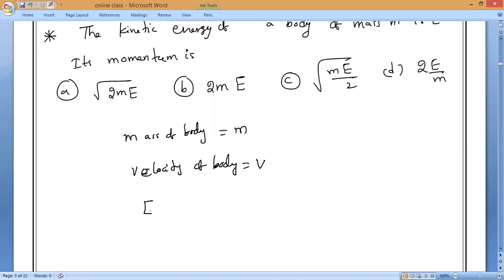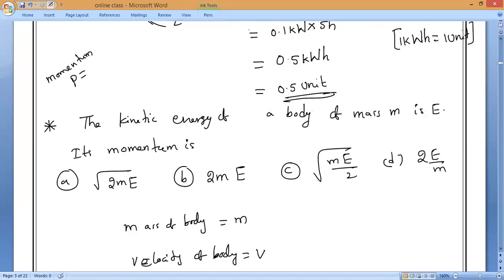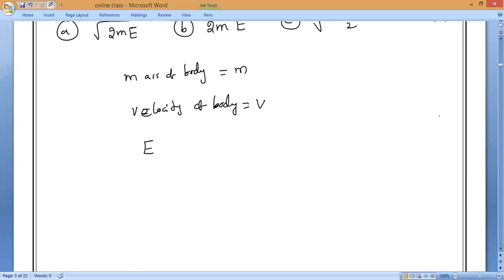Now, what kinetic energy formula have they given? They are saying that the kinetic energy is E. So what is the formula of kinetic energy, everybody? Kinetic energy Ek is equal to half mv square. Let me take this as equation 1.